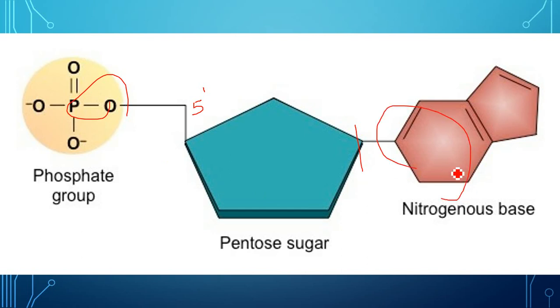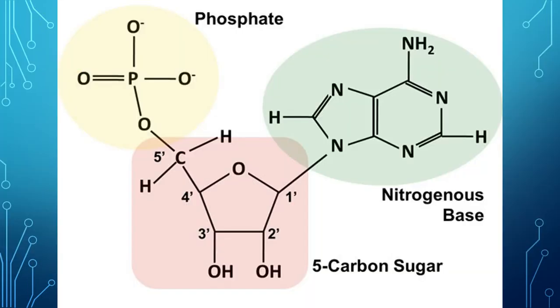So at the 5 carbon position it combines with the phosphate molecule, and at the first carbon it combines with the nitrogenous base to form a nucleotide. When the first carbon combines with a nitrogenous base, it may be adenine, guanine, cytosine or thymine, and the bond is called a glycosidic bond. And when the fifth carbon combines with the phosphate group, it is called an ester bond or phosphoester bond.